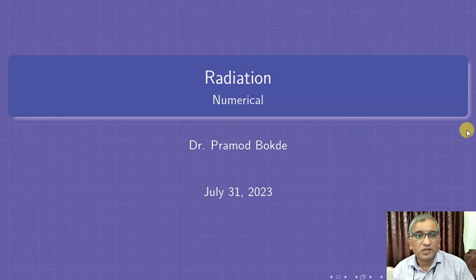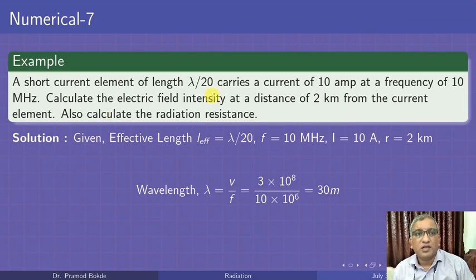So let us go for this numerical and see what data is given to you and what you have to calculate. So in this numerical, a short current element of length lambda by 20. So the current element's length is given. The current element acts like an antenna, and whenever the length of the current element is given to you, you have to remember that the length of the current element is always the effective length, right?